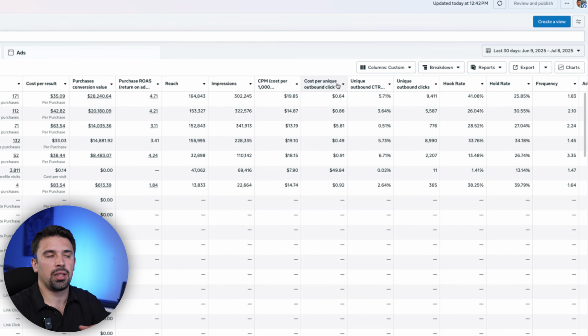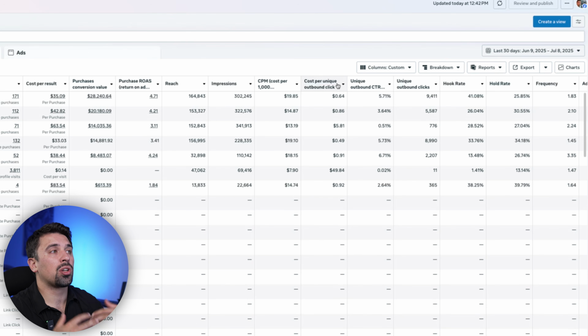Also, it tracks if the same person clicked twice. If the same person clicks 2, 3, 4 times, that's going to be double or triple counting, so it's not going to give you a pure view of how compelling your ad is at getting the click.